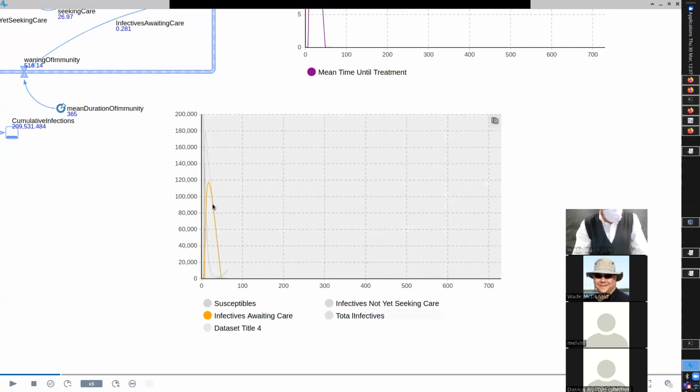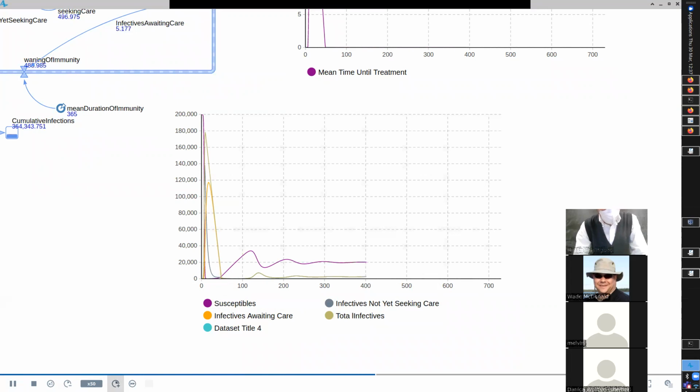They're awaiting care. They got it a long time ago and they're awaiting care, and therefore they're continuing to spread it. The total number of infectives is large as well. Yes, Ardalan. Maybe there are some we all report, but we still have to put them involved.